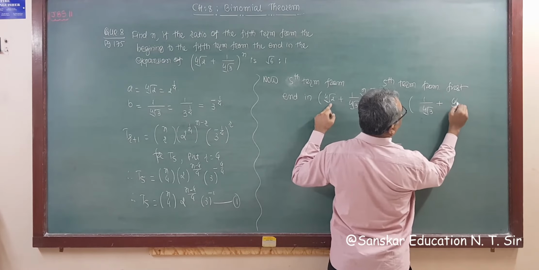Similarly for T5 we have to put r equal to 4, so we have to interchange this only, nothing else is changed, right?